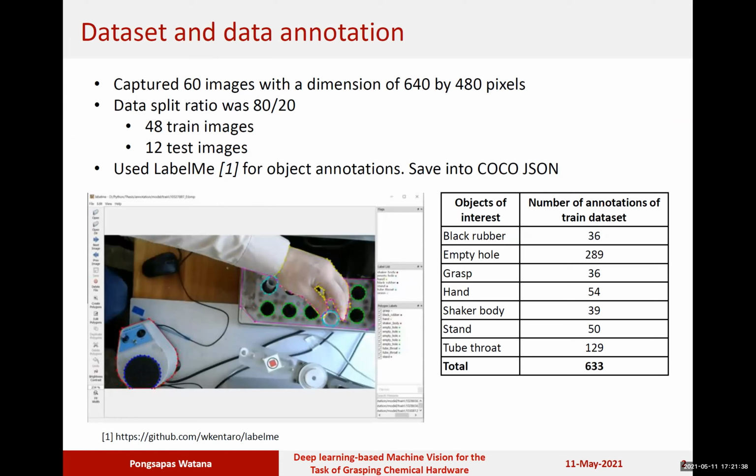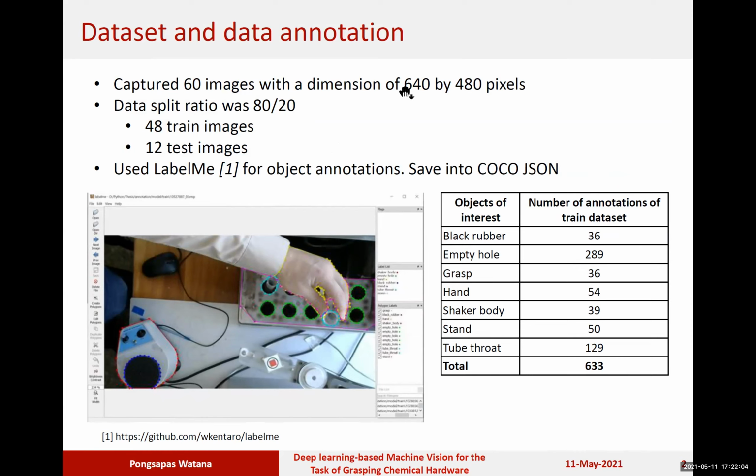In this section, I'm talking about dataset and data annotation. We use a web camera to capture 60 images of the task that was performed by a demonstrator who moved chemical hardware from place to place.